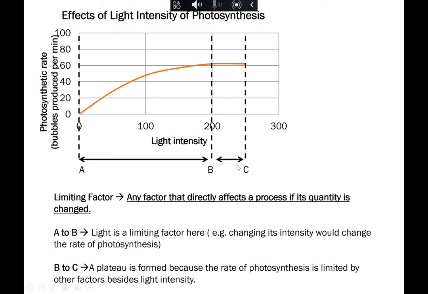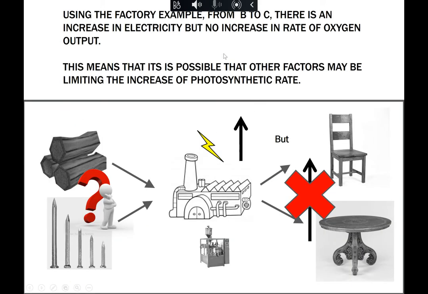But from point B to point C, no matter what I do, I will not be able to increase the rate of photosynthesis any further. It remains constant here. So what is happening? Using the factory example, from point B to C, light is similar to electricity.